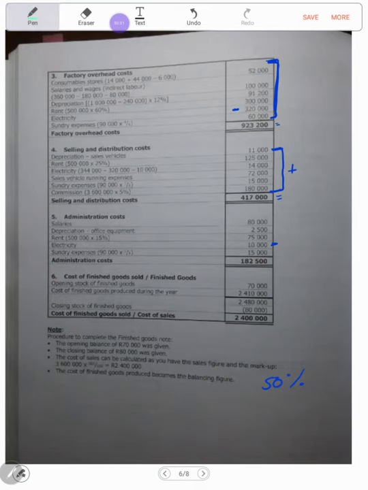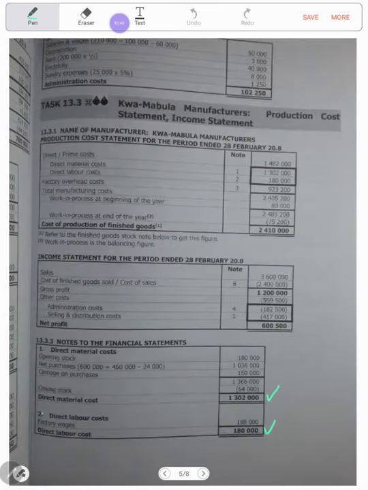Cost of sales 2,400,000, and remember we worked that out using our sales and our markup. And remember, sales minus cost of sales will give us our gross profit of 1,200,000.